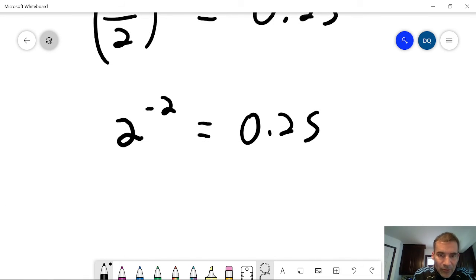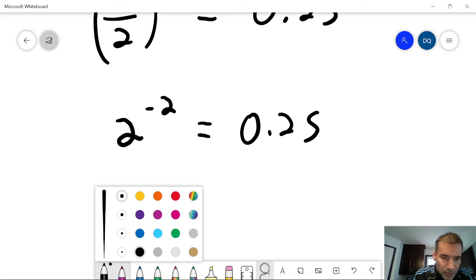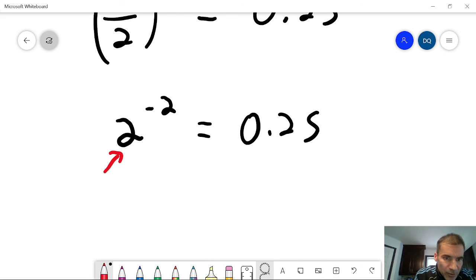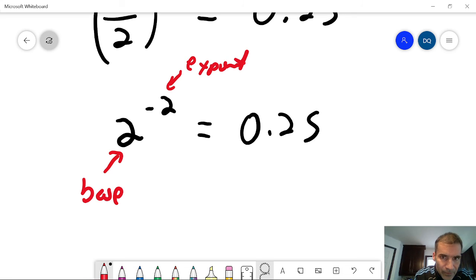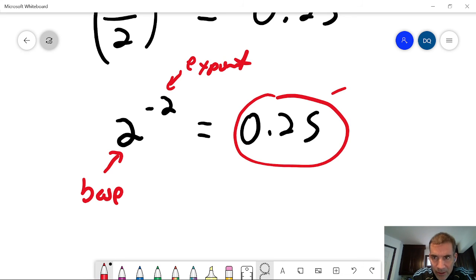And now, if I were to rewrite this in log form, I just identify the various things. Let's switch colors to start labeling what we have here. That 2 is the base. The negative 2 is my exponent. And this is the value of the whole thing. Call that the power.